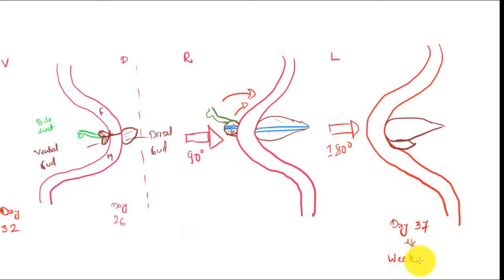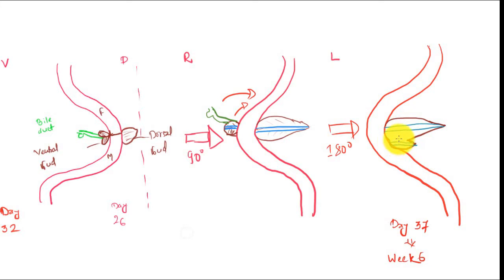And on week 6, the ducts start developing. The ducts come in contact with one another. This is the duct of the dorsal bud and the one from the ventral bud.